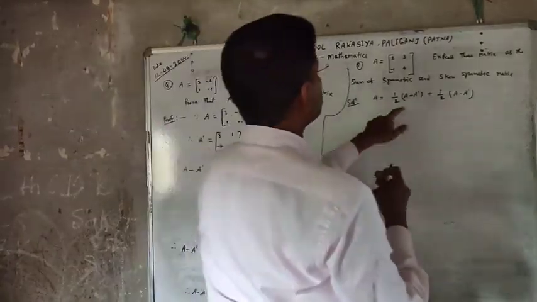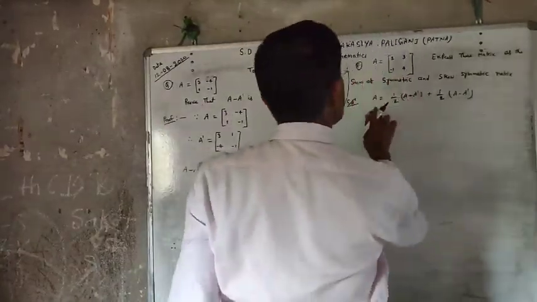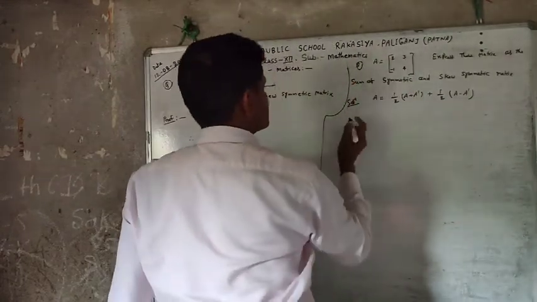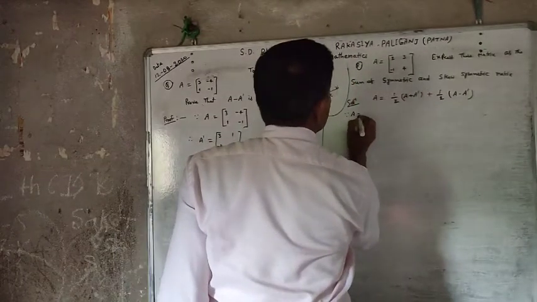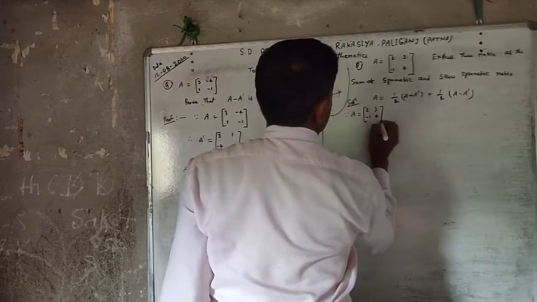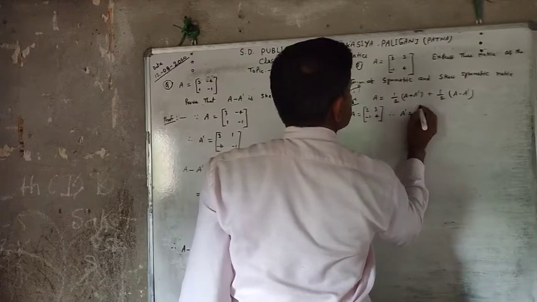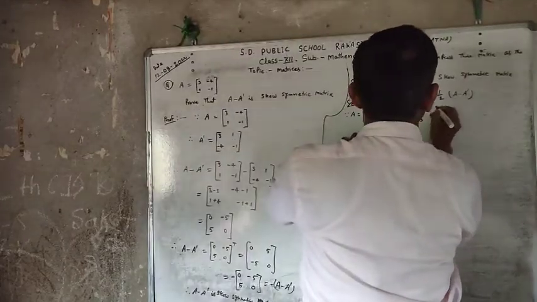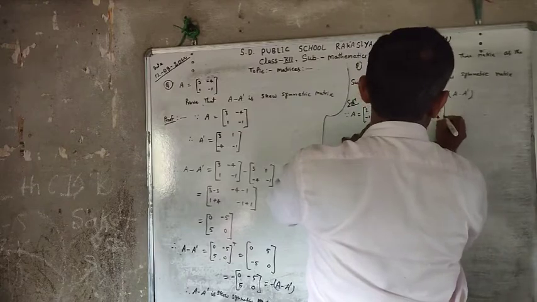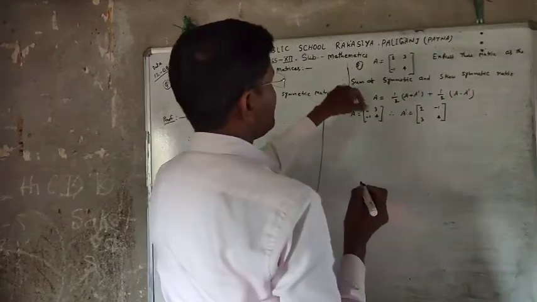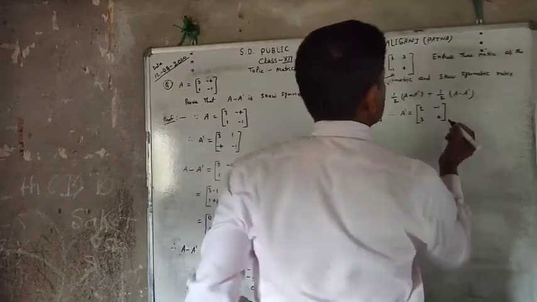We can write A plus A transpose. First of all, we have to find A transpose from this matrix A. Since matrix A is given as 2, 3, minus 1, 4, A transpose can be written as 2, minus 1, 3, 4.